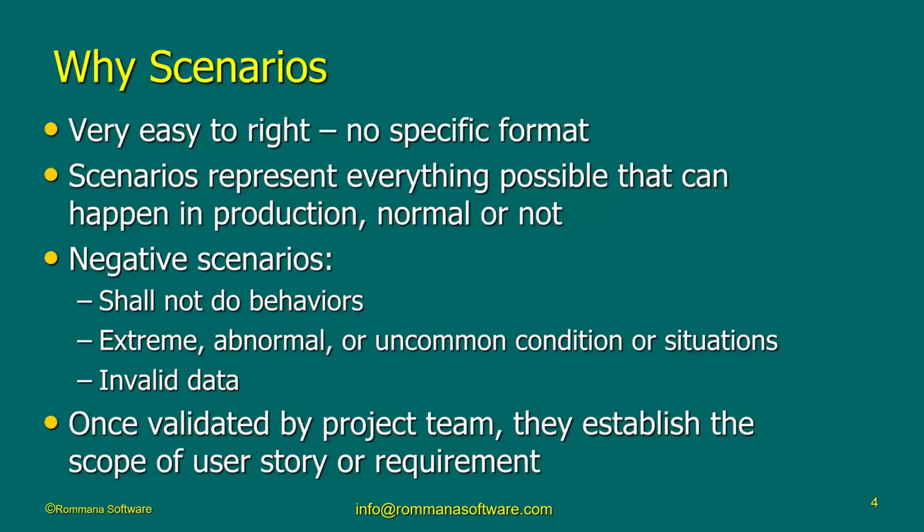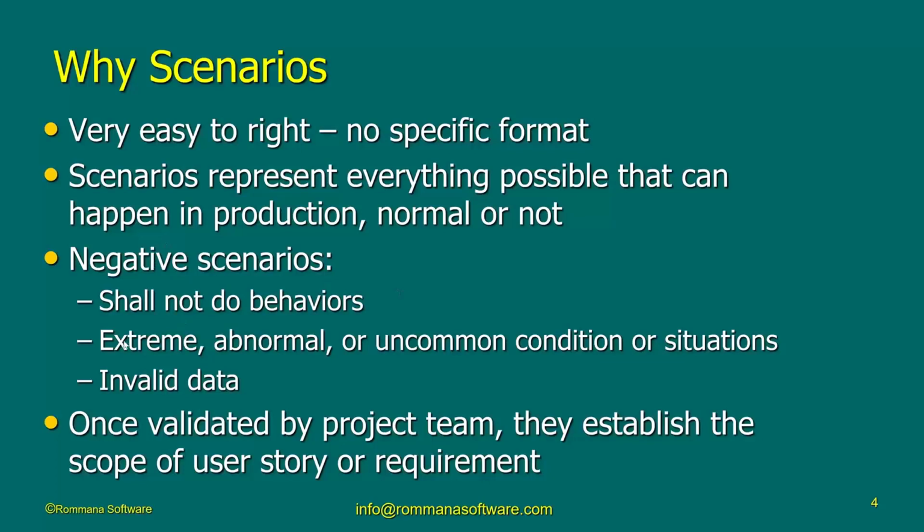Now, scenarios can be positive and negative. Positive scenarios are those normal course of action scenarios. Negative scenarios could be things like those scenarios that address shall not do behavior, which is very critical because if you look at all the bug reports that are coming from the customer, they're simply about things the user tried to do and was not supposed to do. That's what I refer to as shall not do, or things that the system is not supposed to allow the user to do, but the user tried to do.